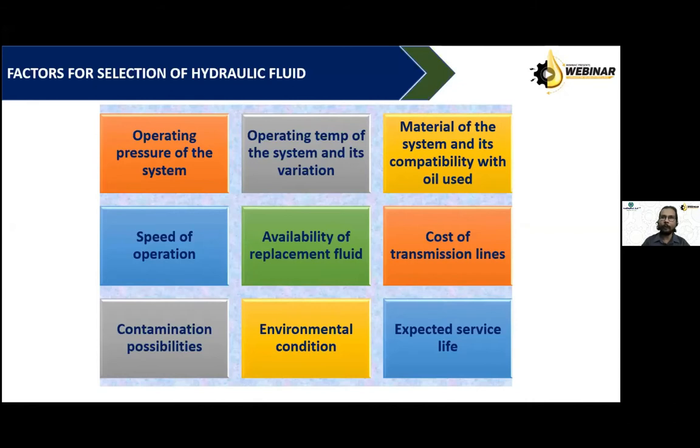Normal butyl rubber or NBR will get dissolved into it. So we have to see what type of components we have in our hydraulic system. Accordingly, we can choose the oil, and we can select the chemical property of the oil.